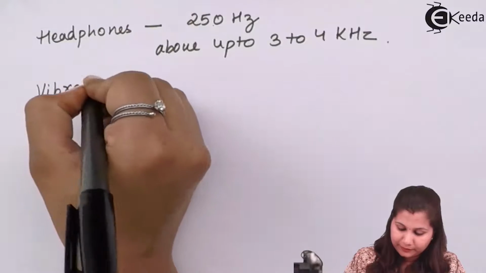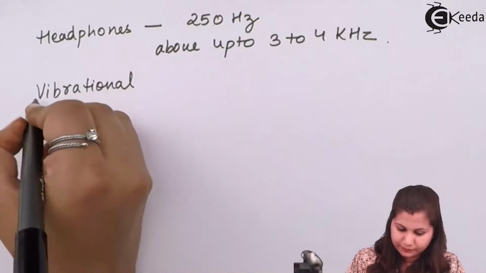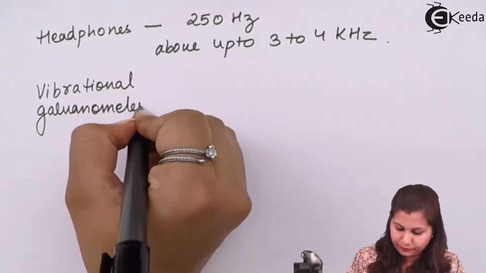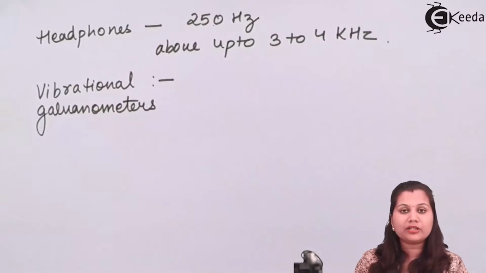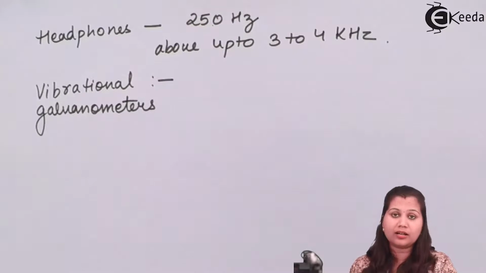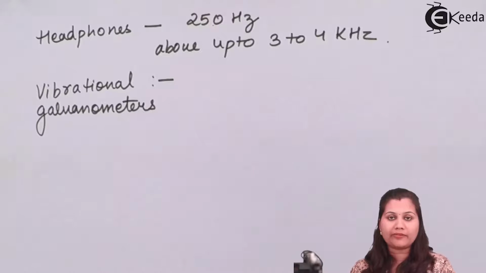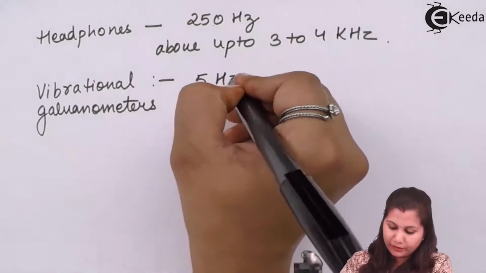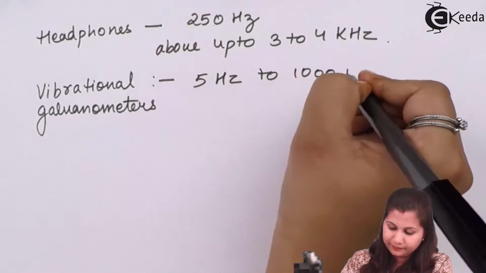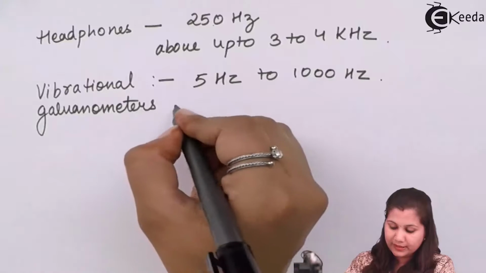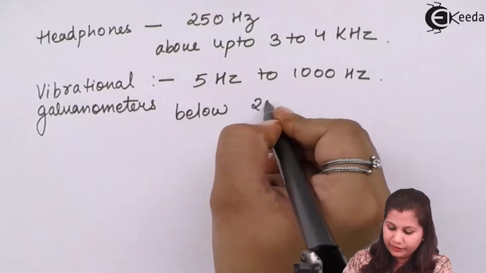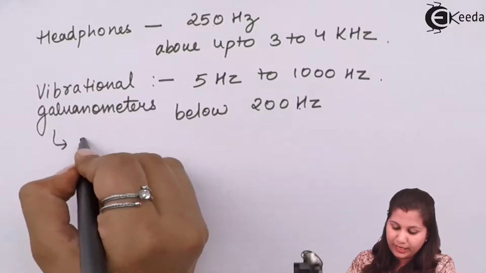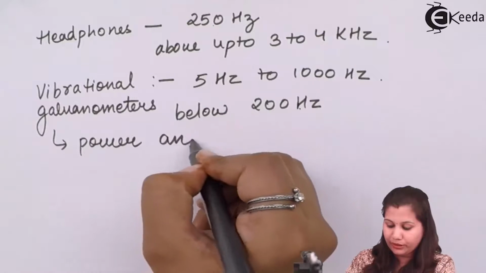Vibrational galvanometers are used as detectors when the AC bridges are working at power frequencies and low audio frequencies. The frequency range is from 5 hertz to 1000 hertz, and it is more sensitive below 200 hertz.